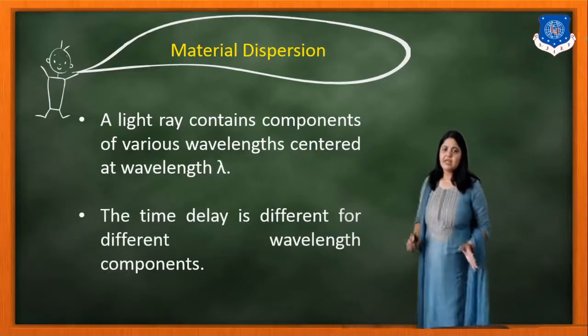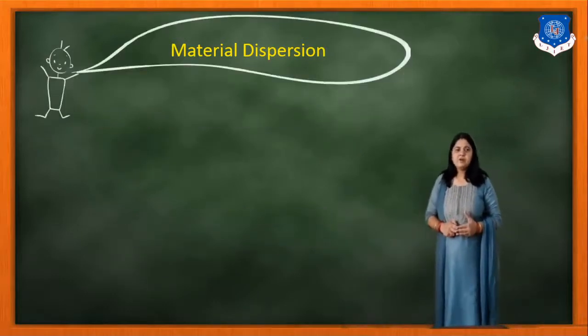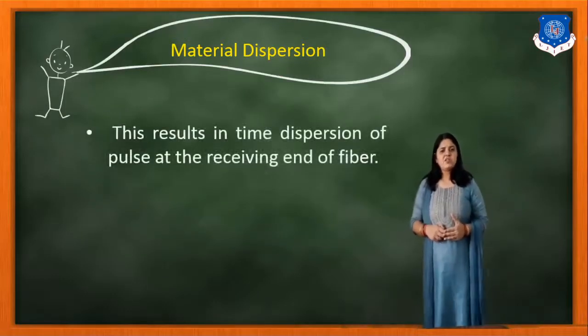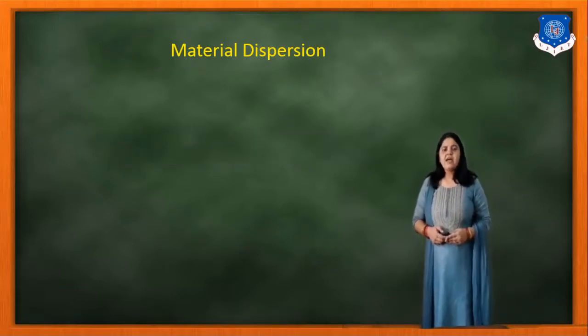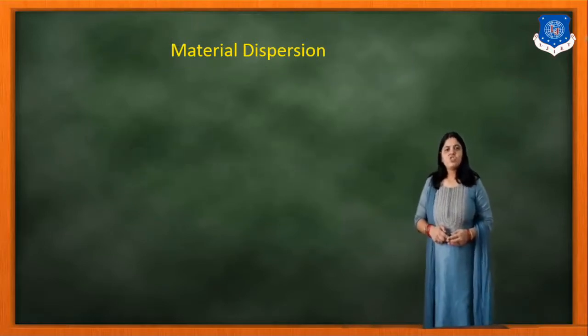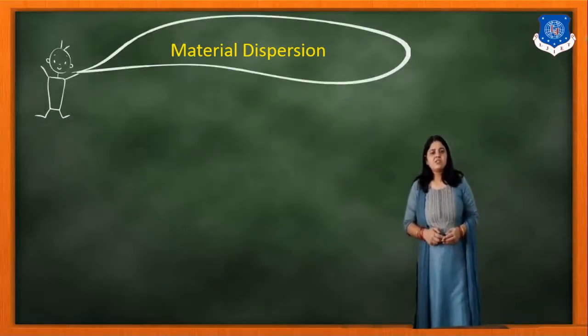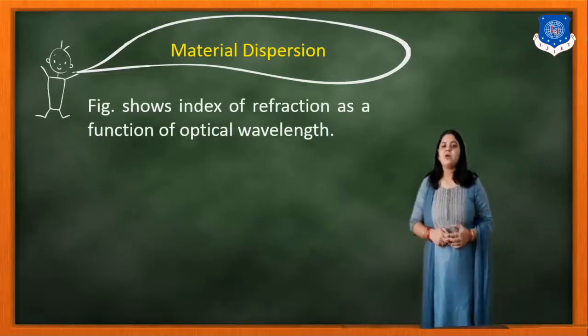So the time delay is different for different wavelength components. So this material dispersion results in the time dispersion of the pulse at the receiving end of the fiber.